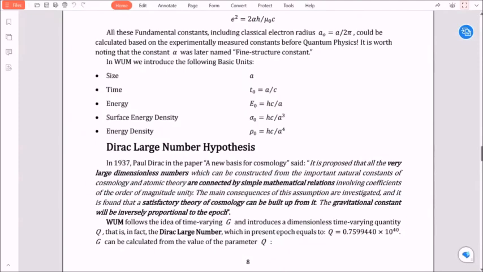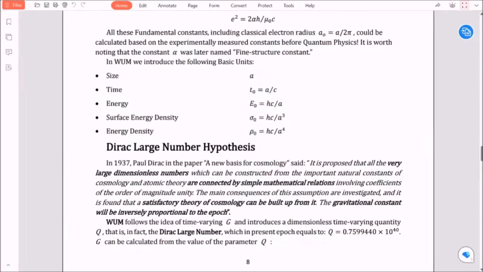Dirac large number hypothesis. In 1937, Paul Dirac, in the paper A New Basis for Cosmology, said: "It is proposed that all the very large dimensionless numbers which can be constructed from the important natural constants of cosmology and atomic theory are connected by simple mathematical relations involving coefficients of the order of magnitude unity.